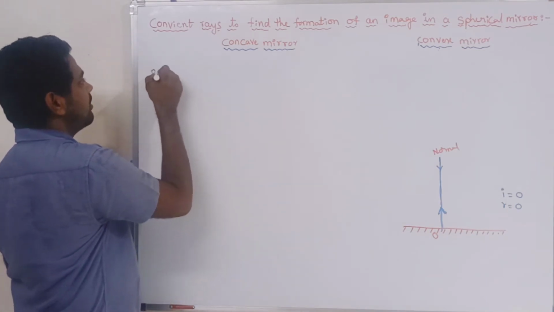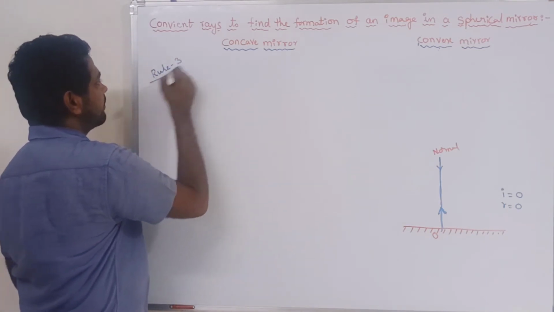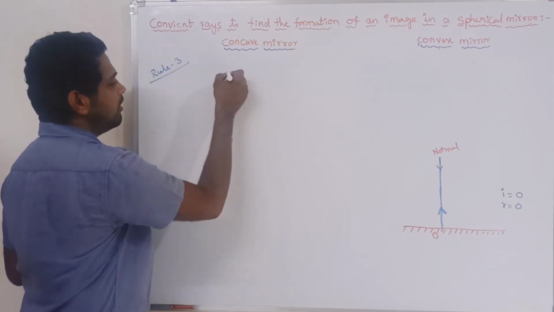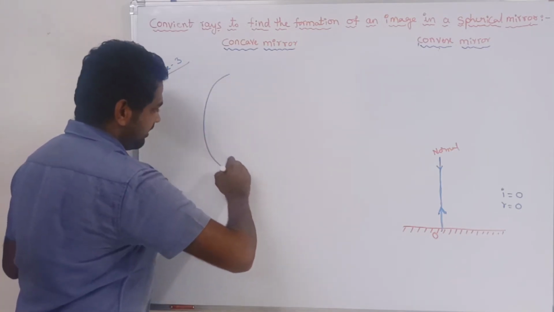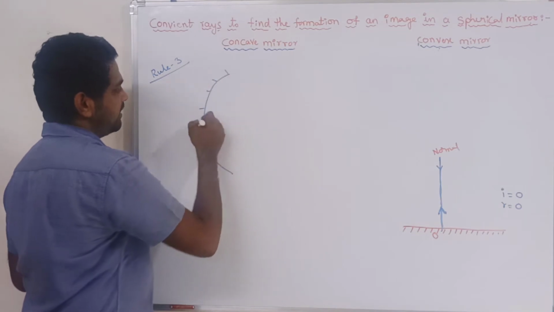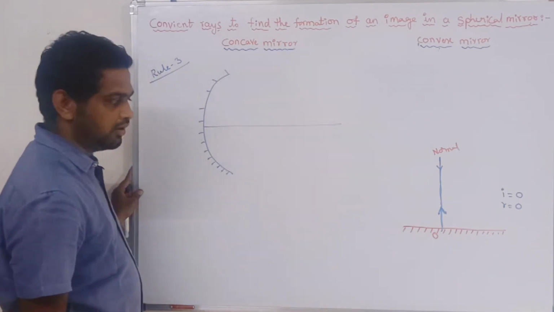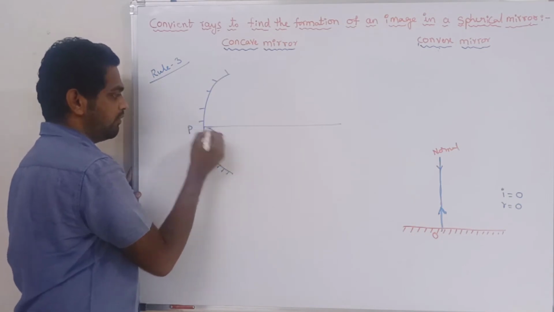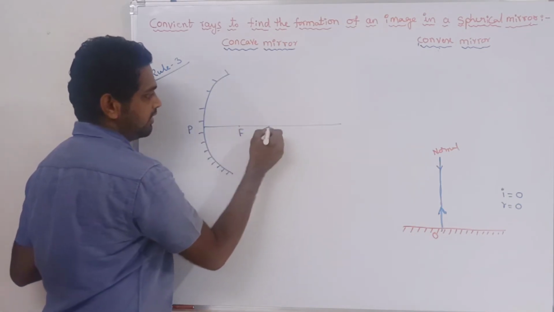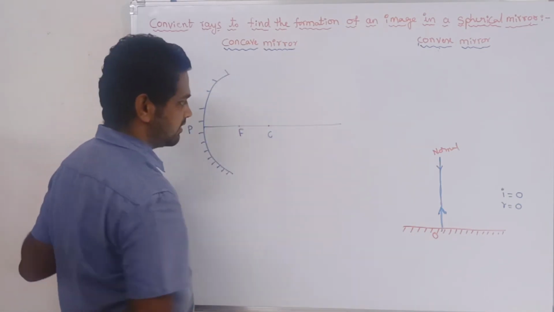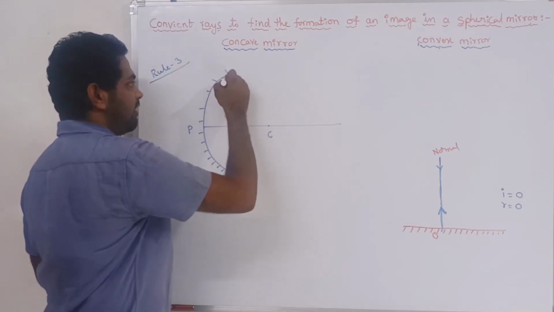So coming to rule 3, now I am going to take a ray which is passing through the center of curvature, that is, passing along the normal. This is the pole, focus and center of curvature. Now I have taken the normal like this.